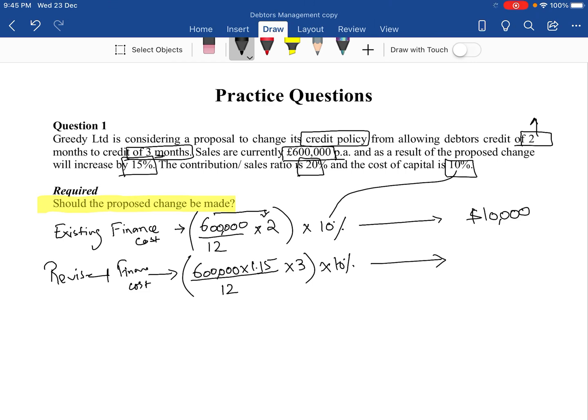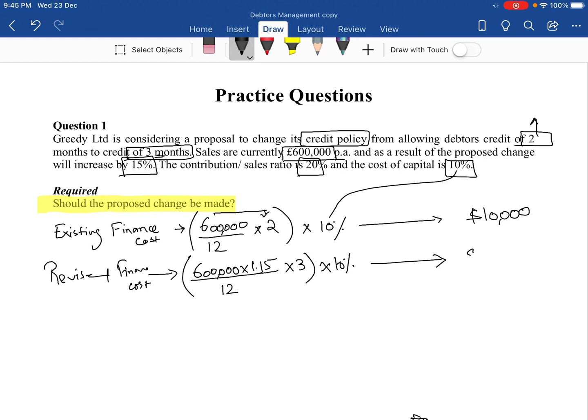So if we multiply $600,000 by 1.15, this will add the additional sales as well, and it will give us the total sales figure after the policy. So 600,000 times 1.15 is going to be 690,000, divided by 12, 57,500. That's going to be the monthly sales figure, and multiplied by 3 to get the revised account receivable figure, that will be 172,500, and then we should take 10% of it.